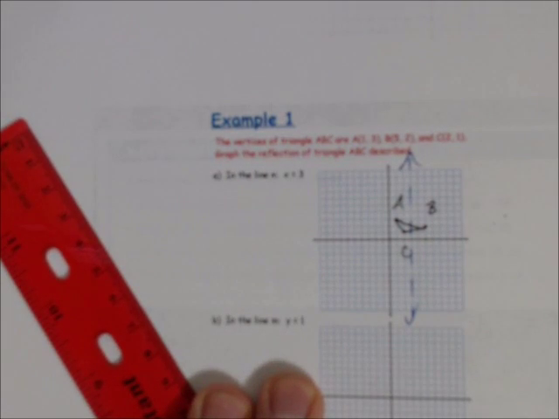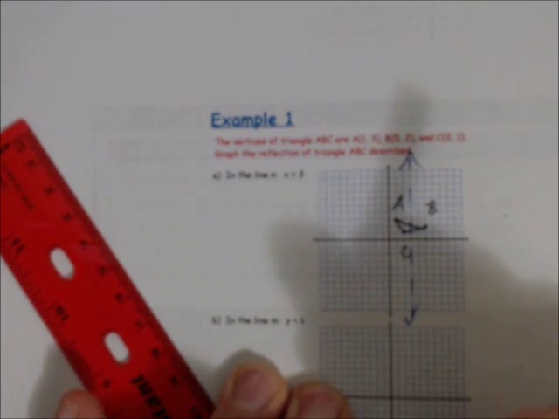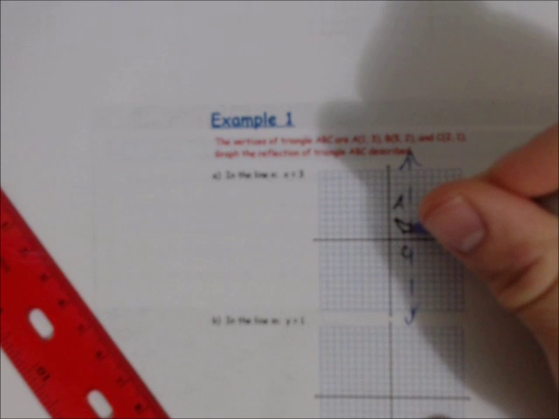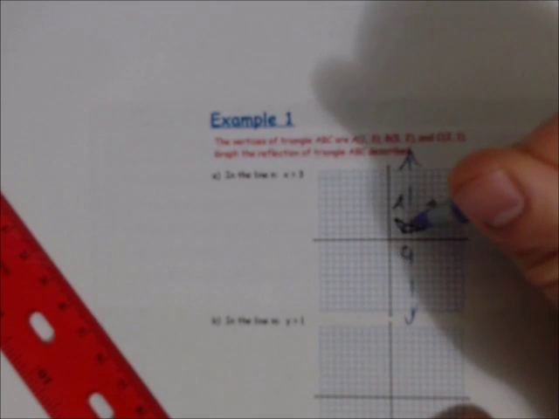Now, these congruence transformations preserve distance and angle measure. If it preserves distance, that means B is going to be 2 units away from that line of reflection. So the new coordinates for point B, so B prime, would be (2, 2).